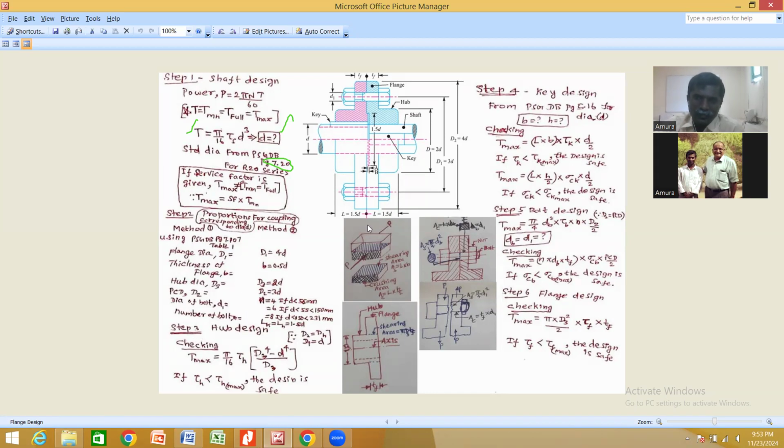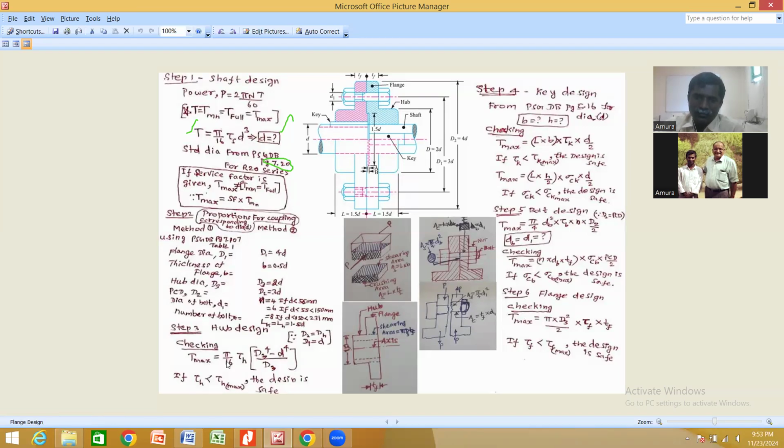Step 3. After completing the shaft, we are going to the next component, the hub. The hub is connected with the shaft, so we are going to the hub design. The hub is a hollow shaft, so we are taking the hollow shaft formula to find the working shear stress for the hub.